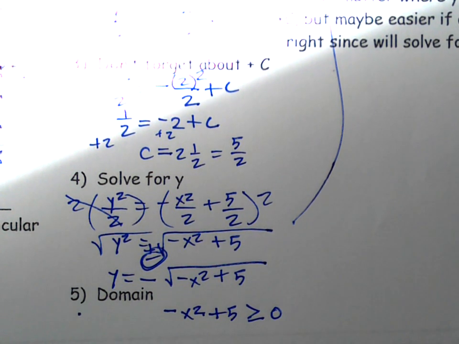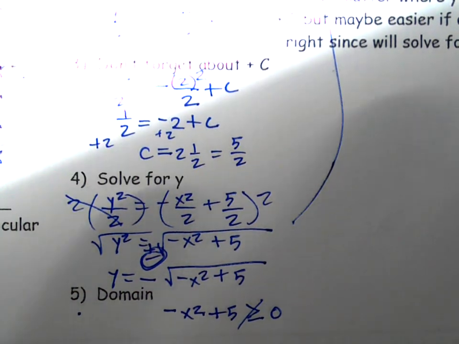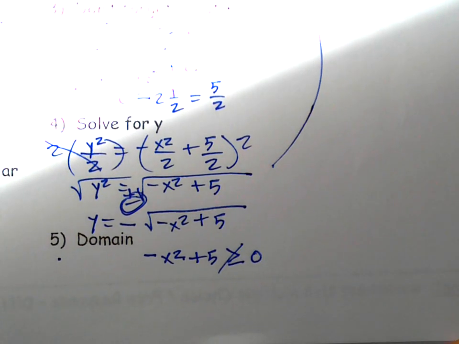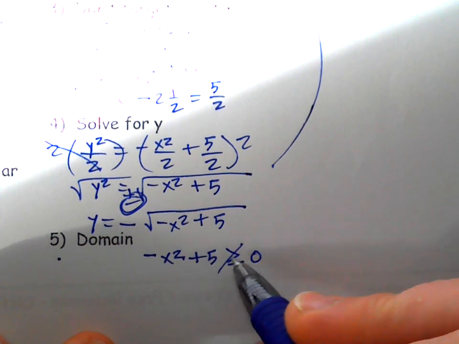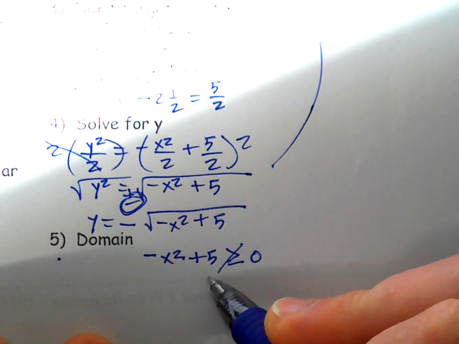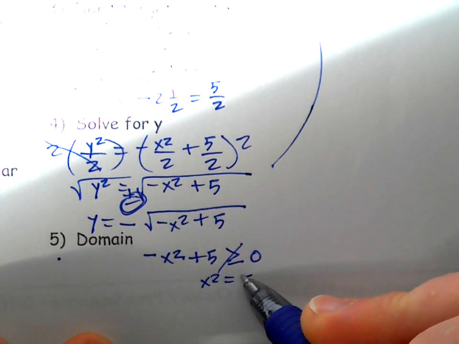Usually what I do is, this is easier than normal because we're just going to pick one section of it, so we don't have to go through all the inequality checks. We could just say x squared equals 5, square root of both sides, plus or minus.